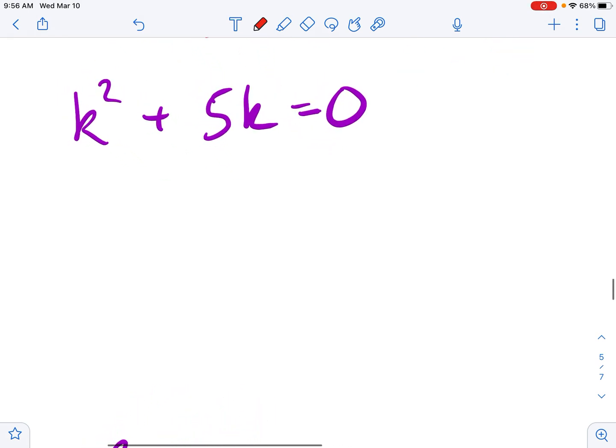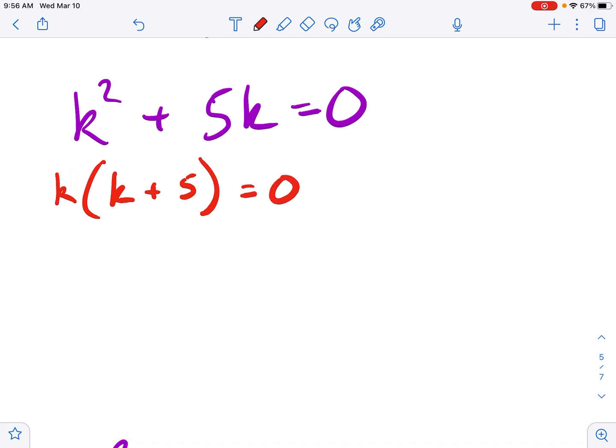Now let's look at this situation. It's set equal to 0. I don't see a trinomial that I can factor, and I don't see a difference of squares. So I have to look at this and think, can I factor this? And so yes, there is a common factor of k. Now, I do have two factors.